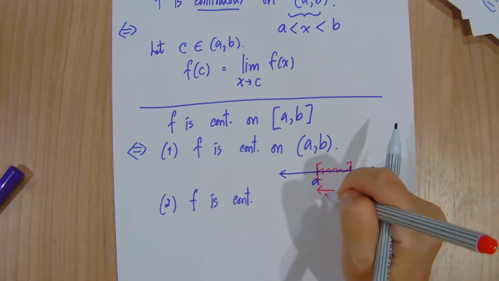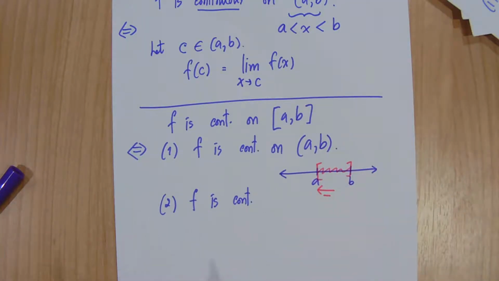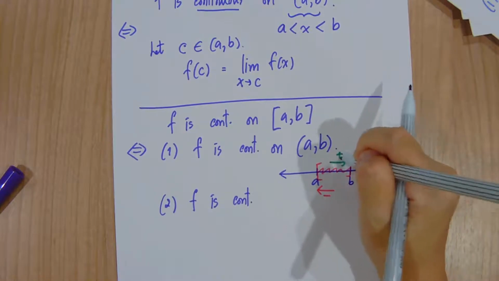limit close to a from the left-hand side, and close to b from the right.